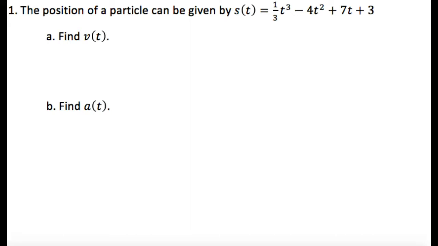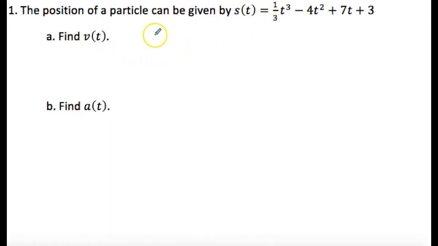All right, so let's jump into a problem and try to look at this a little bit analytically. So let's say that we've got this function, and this is the position of some particle. So first, we just want to find the velocity and acceleration functions. Well, that means I want to take the derivative of position.